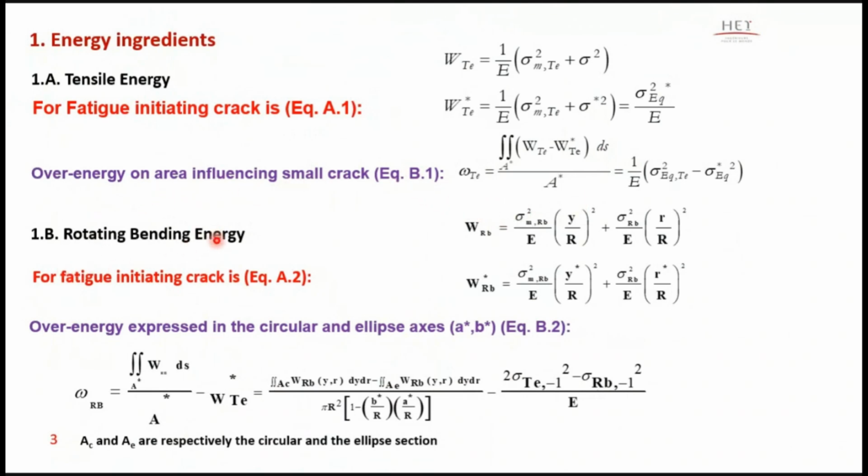For fatigue crack initiation, we have W with Y star, R star, over energy expressed in the circular and ellipse axis, defined in this expression.